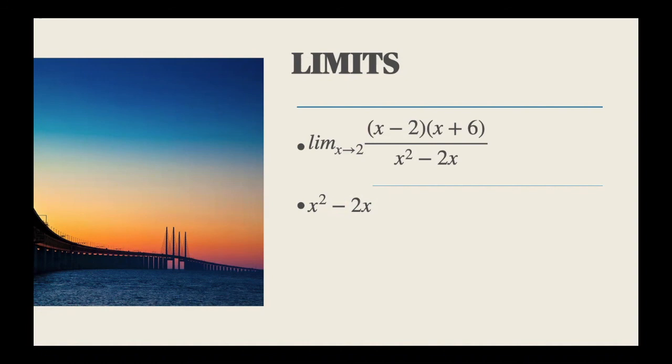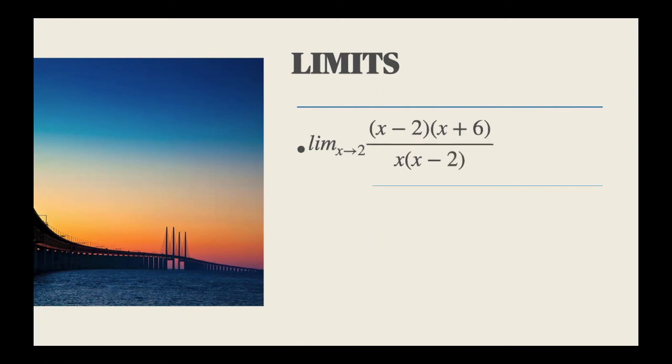So for the denominator, we have x squared minus 2x, and we need to factor out what's common. The only thing that's common that I can factor out, highest common factor, remember I have a video on this, is x. So factoring out the x, we're left with x minus 2 within. So we are going to replace the denominator with x into x minus 2.